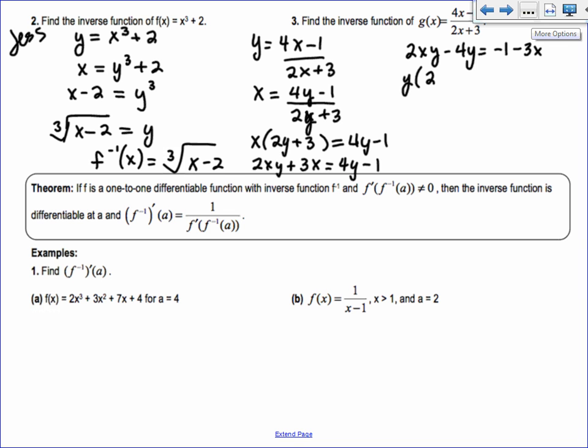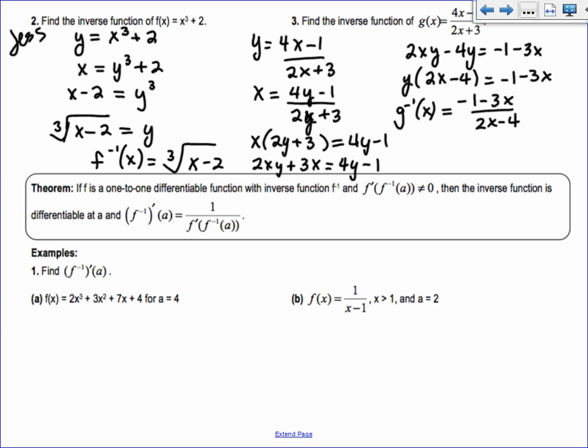It allows me to pull out the y and solve. So you get y equals negative 1 minus 3x over 2x minus 4. So y is f inverse, or g inverse in this case, right? So don't write f inverse, because then you'd really miss it.